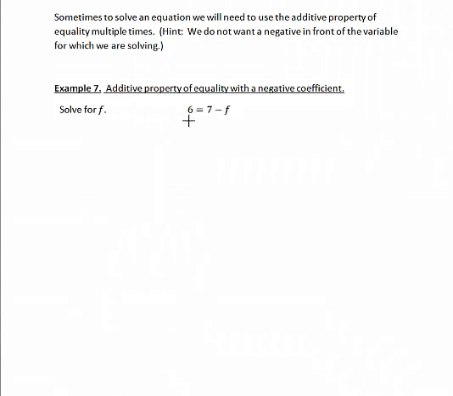Example 7, this is an equation with a slightly different occurrence than we've seen in the previous ones. Here, what you need to notice is that we now have a negative sign in front of our f. So one way to fix that without using multiplication or division, which we'll talk about in the next chapter, is to simply take this side with the variable and read it as 7 subtract f.